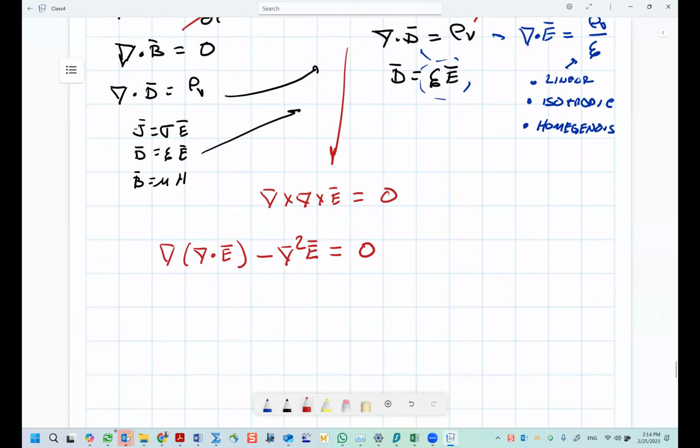So I am going to put this guy in here, right? And I'm going to get that this equation develops into the negative of the Laplacian of E is equal to, well, the negative goes with the divergence.